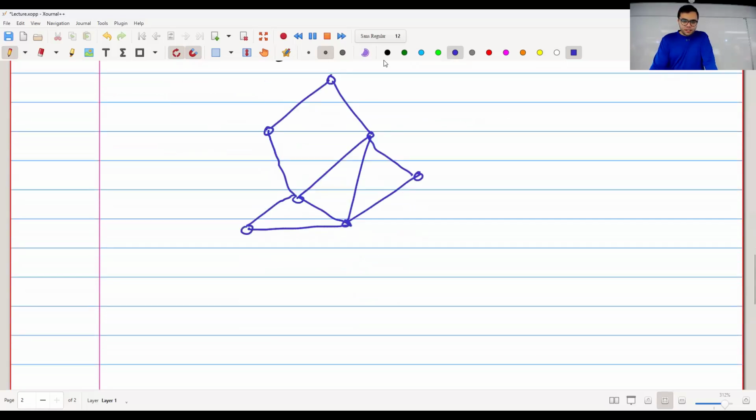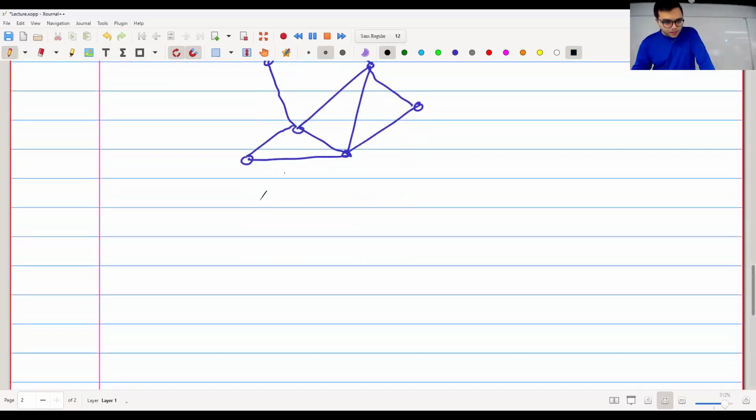Okay. So this is our next theorem. I want to say let G be a connected graph, because of course, if my graph is not connected, it doesn't really make sense to talk about Eulerian circuit. So let G be connected.